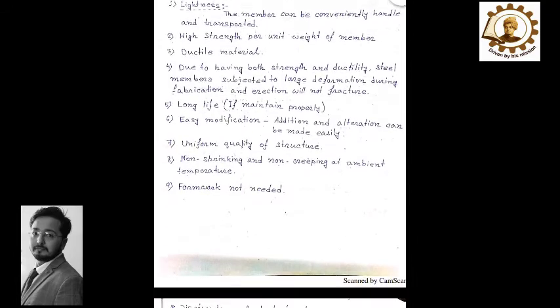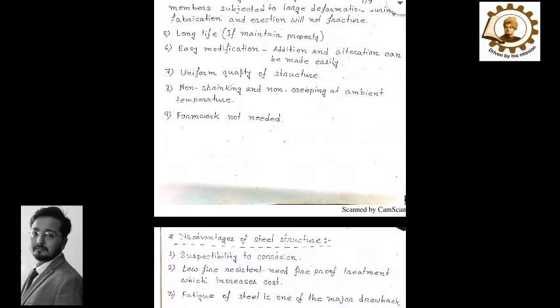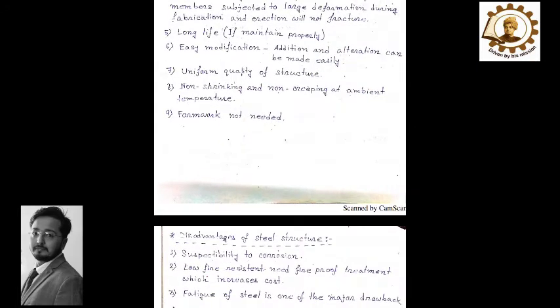Now, a few disadvantages of steel structure. Number 1, susceptibility to corrosion. As steel is iron, corrosion is very common, so we have to take precautions to make it corrosion free. Next, number 2, low fire resistance, which needs fireproof treatment that increases cost.